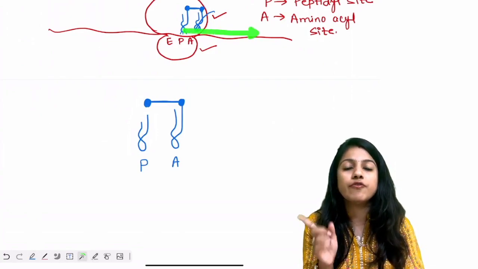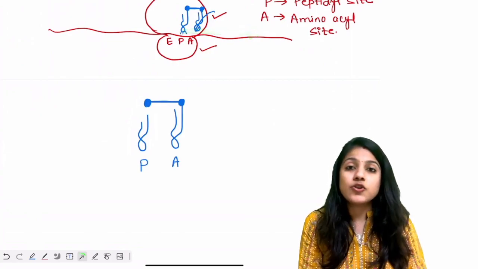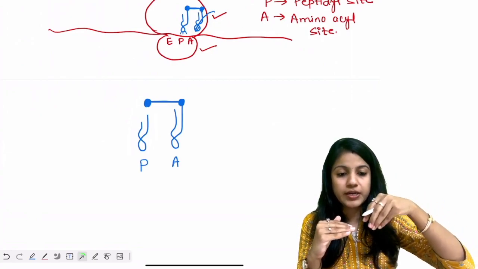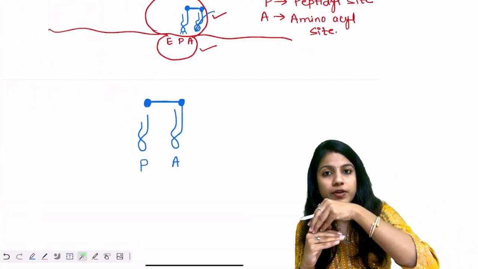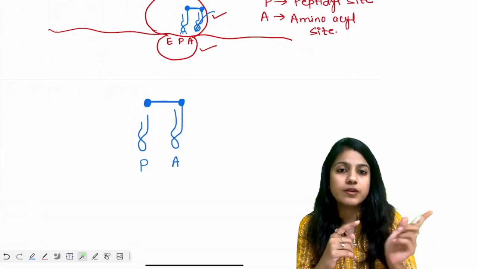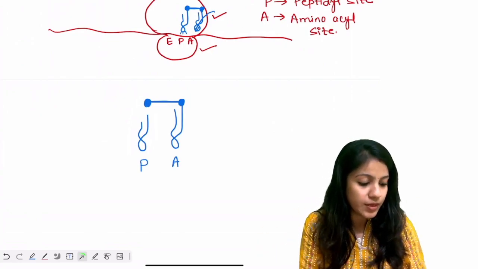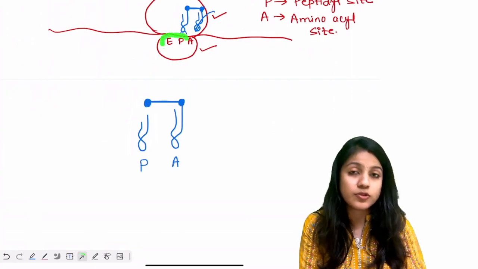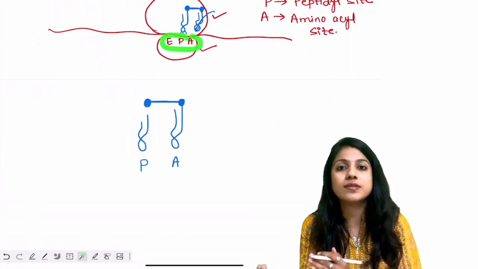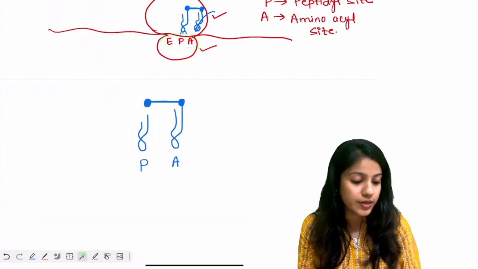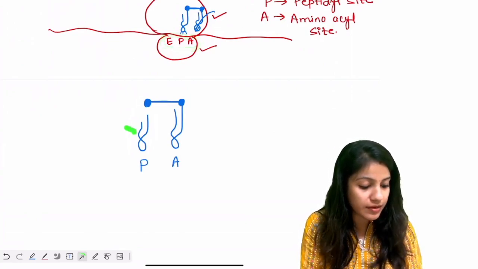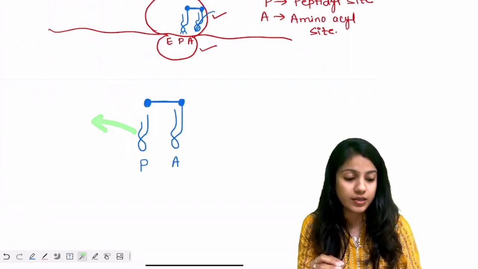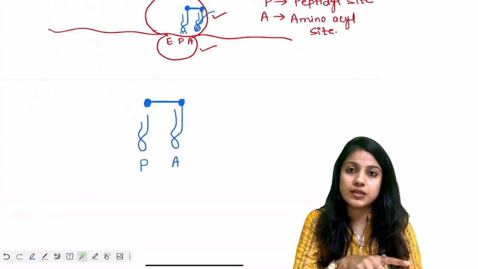The ribosome is going forward, correct? The mRNA is present in one position only. The ribosome came, bound, and will keep on moving in the forward direction. The mRNA is not moving. The ribosome will keep on moving. So the sites present on this ribosome will also move along with the ribosomal unit. This tRNA will take an exit. The work got over. The tRNA came, brought an amino acid, and gave it to another tRNA.